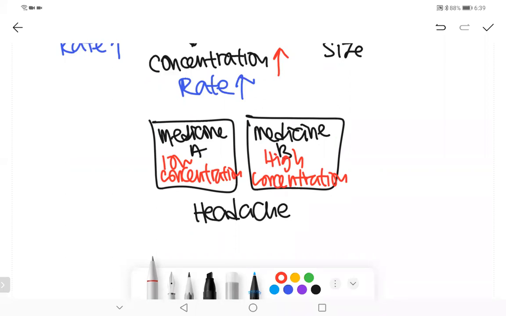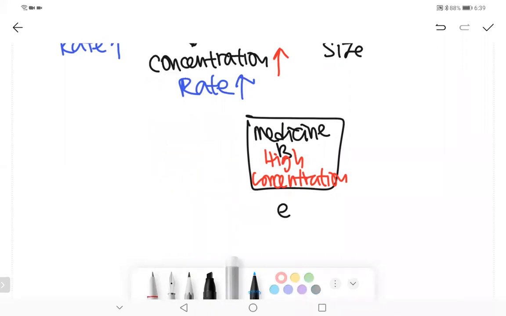For example, if you take medicine A, which is low concentration, it is not so powerful. Maybe you have to wait 30 minutes before you don't feel the pain. But if you take medicine B, which has high concentration, it is more powerful, and maybe it takes only 10 minutes, so you won't feel the pain already. So the higher the concentration, the faster the reaction.